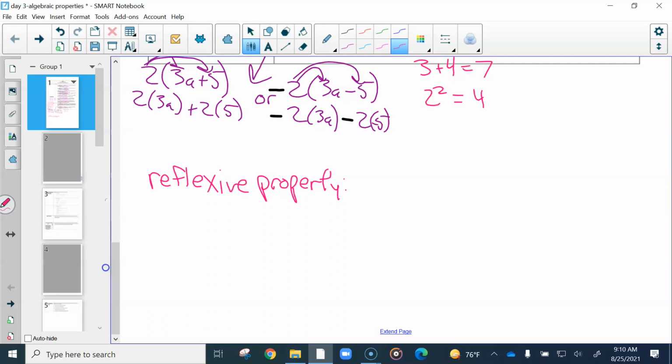You can go see what that is. But reflexive property is this: anytime you end up with something equals the same something. You could make 50 million examples, but let's say you're solving and you get both sides to equal the same thing. That would be reflexive property at the end.